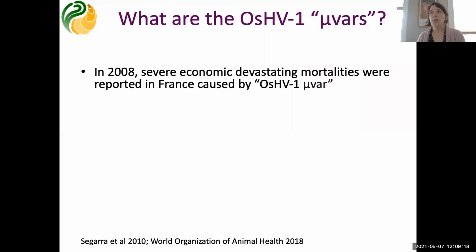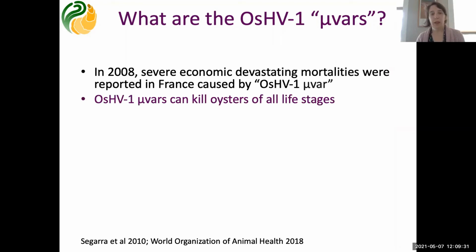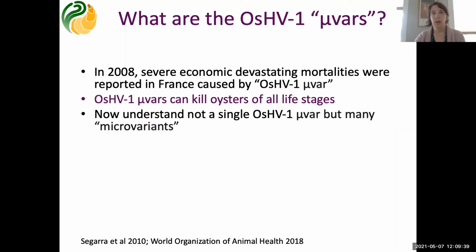So what are the OsHV-1 microvars? In 2008, severe, economically devastating mortalities were reported first in France, caused by what they named OsHV-1 microvar. What was different here is that instead of just affecting larval and juvenile oysters, these microvars can kill oysters of all life stages.